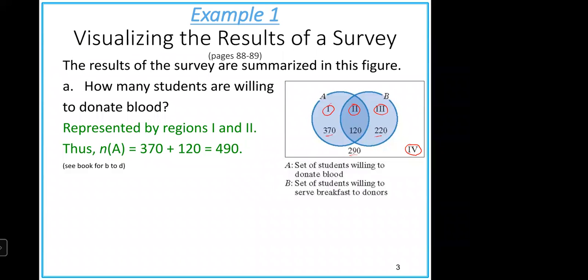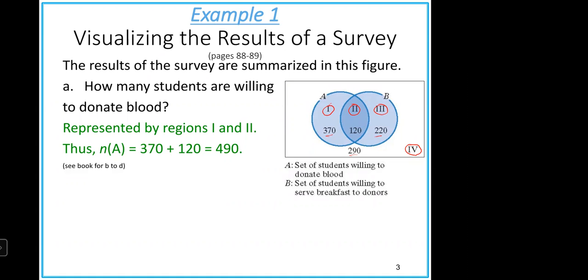If you're donating blood, or serving breakfast, or doing both, that would be all three regions, region 1, 2, and 3. So you'd add all three together to get the total, and in this case, that total should be 710.